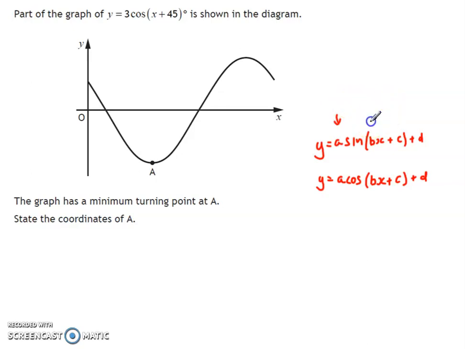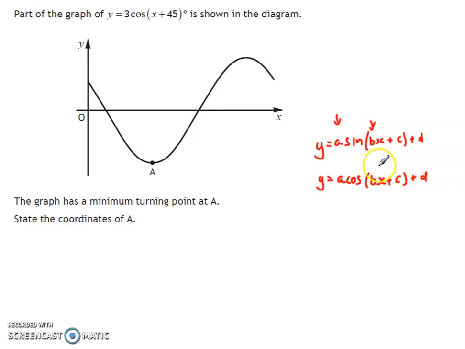The B reflects what's called the period of the function. The easy way to remember this is this value here, the B, tells you how many times in 360 degrees the graph will repeat itself for sine and cos. For tan, it's how many times in 180 degrees it repeats itself. Using this, we're able to calculate what's called the period of the graph.